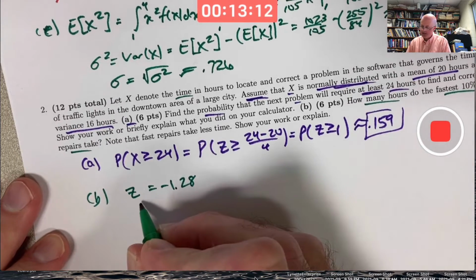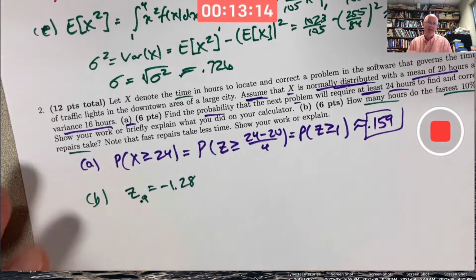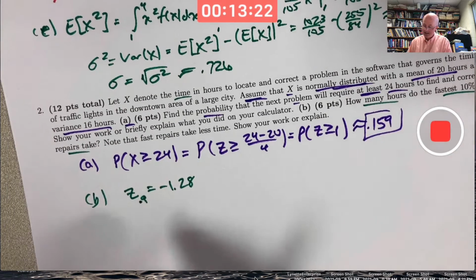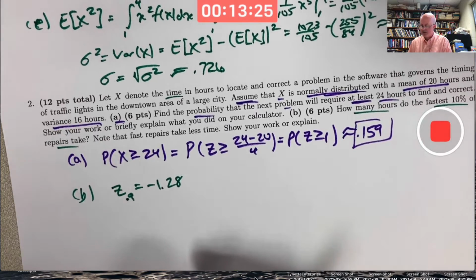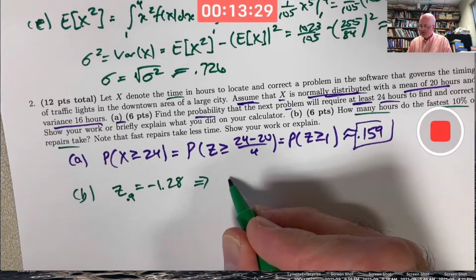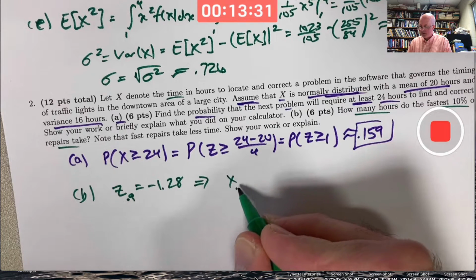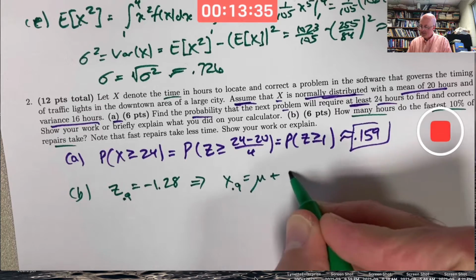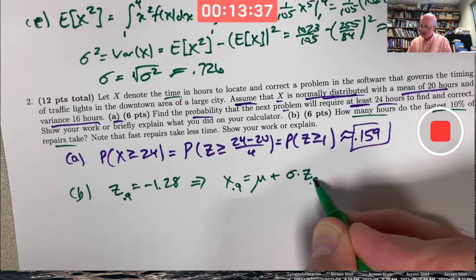Notationally, sometimes this is written z sub 0.9, where the 0.9 actually refers to the area to the right of this being 0.9, 90%. It's a bit strange. This is the 10th percentile, but you put a 0.9 for the subscript there. And that means the x value at the 10th percentile would be mu plus sigma times z sub 0.9.